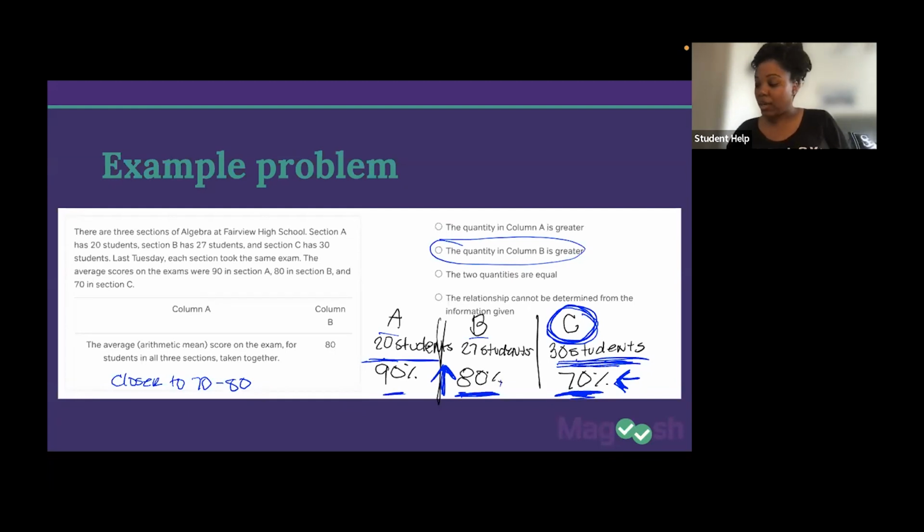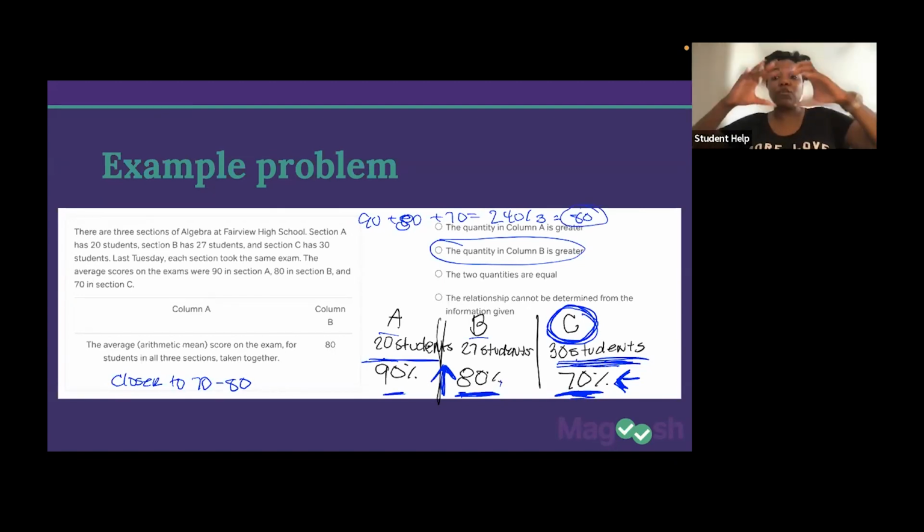If you just had one student in each, 90 plus 80 plus 70 gives me 240 divided by 3, which is 80. Yes, you would, Callie. That's 80. So the average, if they all had the same weight, would be 80.